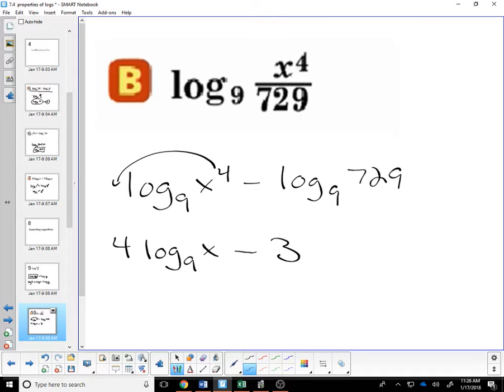It's asking for an exponent. So can I put an exponent on 9 that gives me 729? And that exponent is 3.